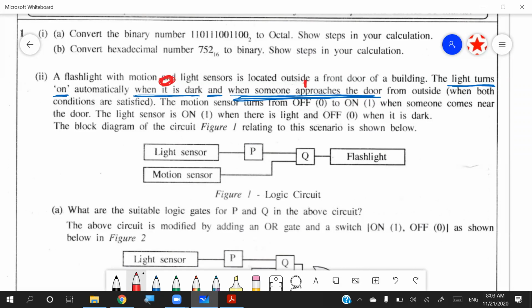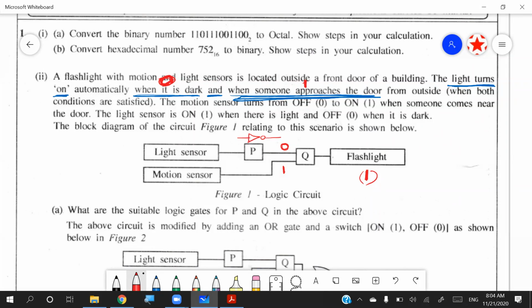So then to have the flashlight on, you should get 0 and 1 at this particular place. So for the light sensor output to become 0 in the dark, there should be a NOT gate.